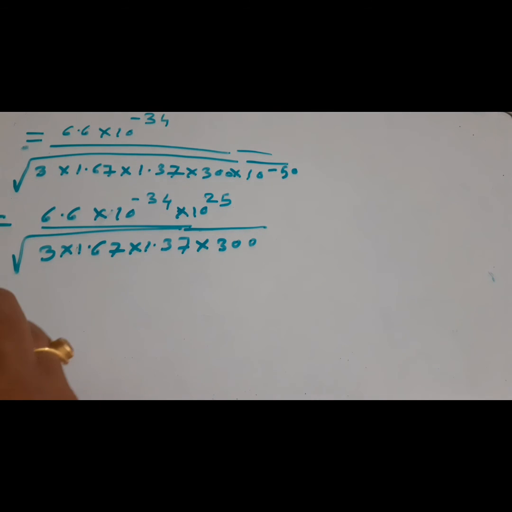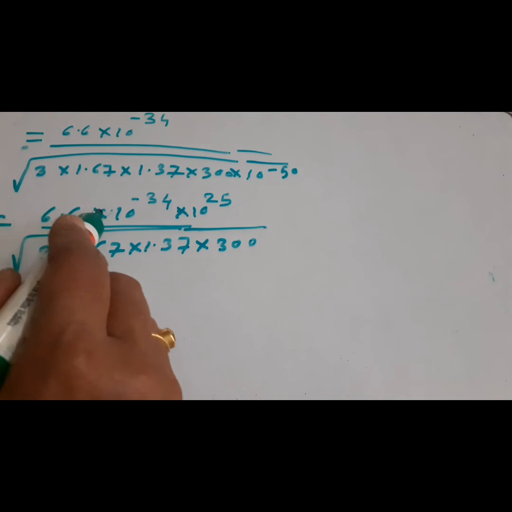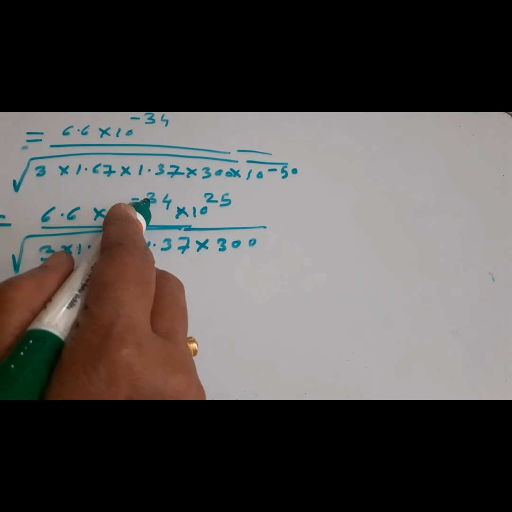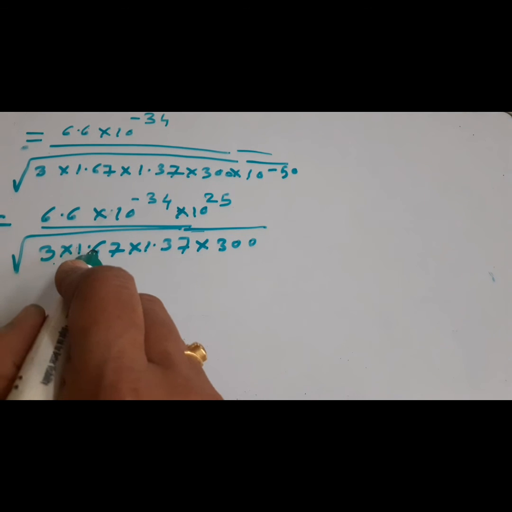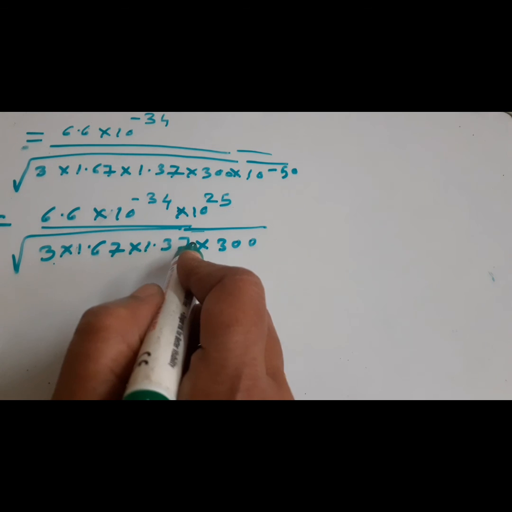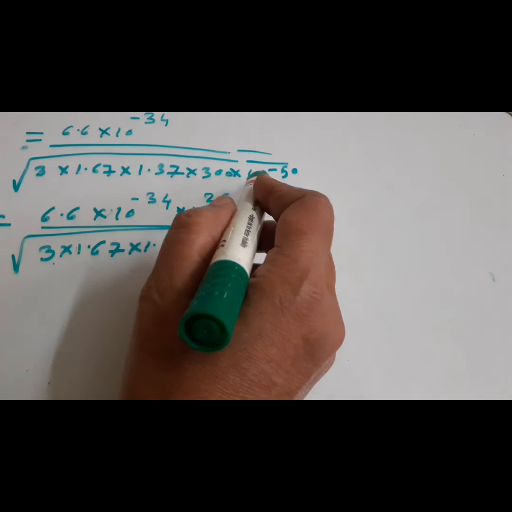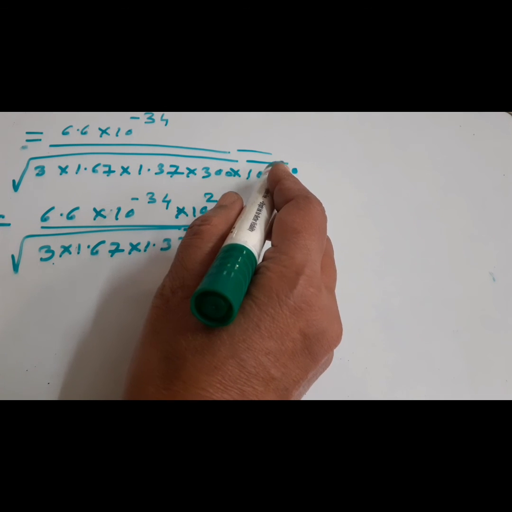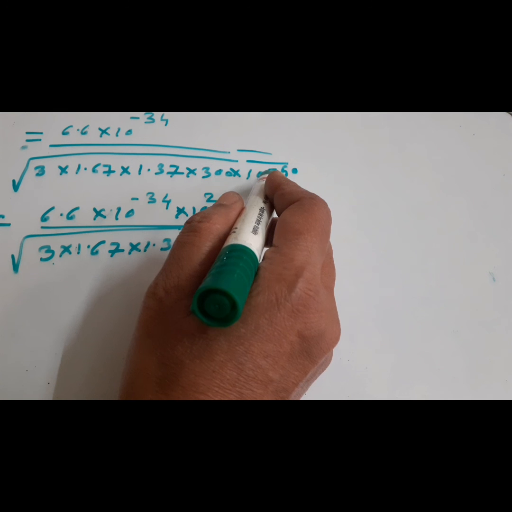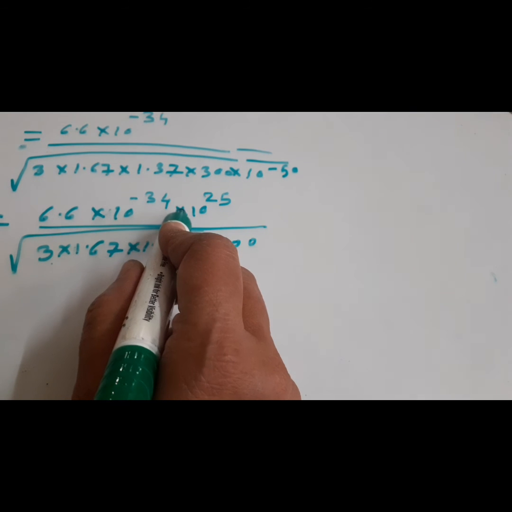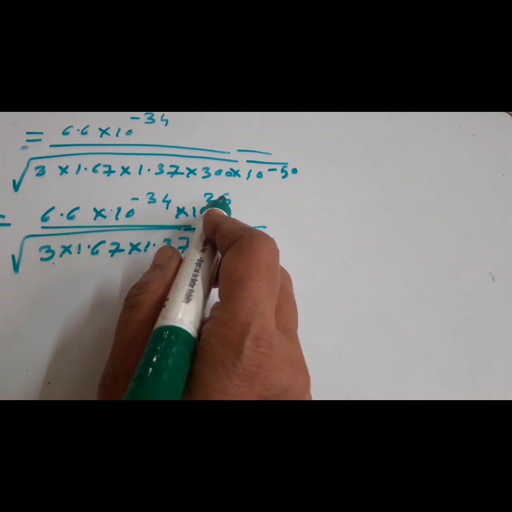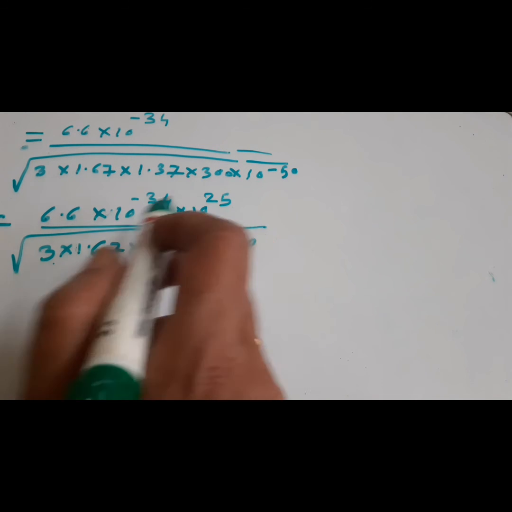So it is 6.6 into 10 to the power minus 34 into 10 to the power 25. That is equal to what?